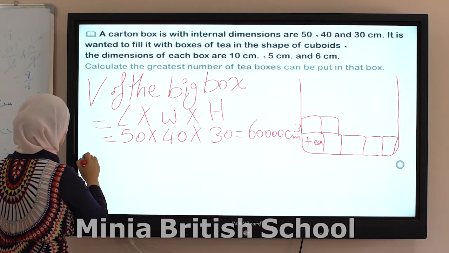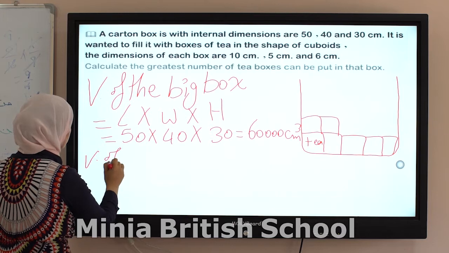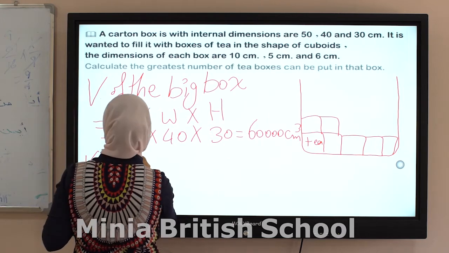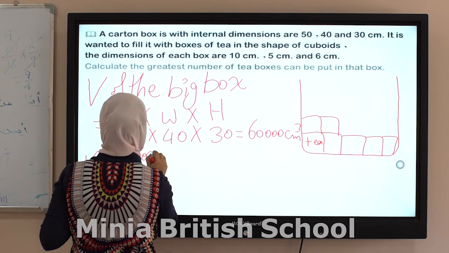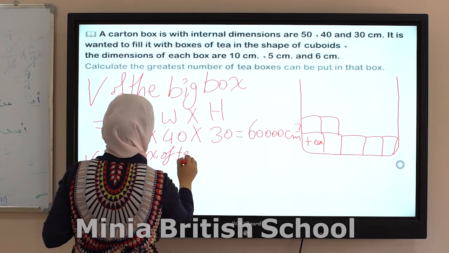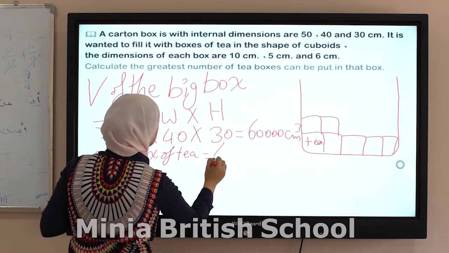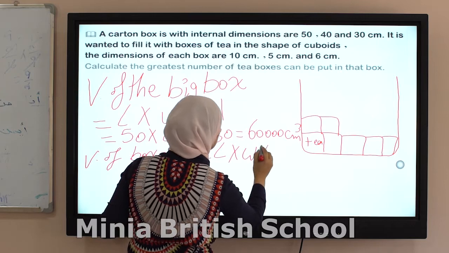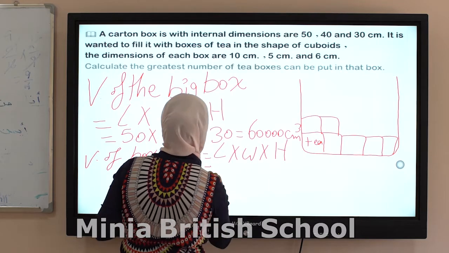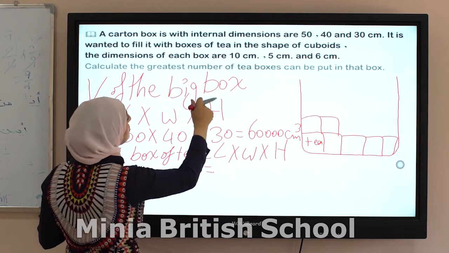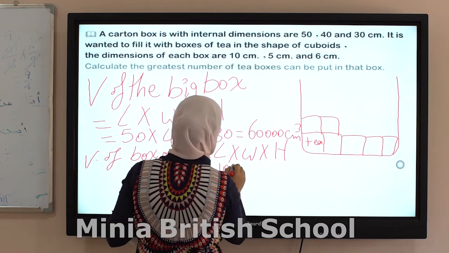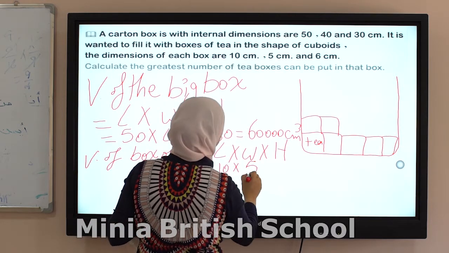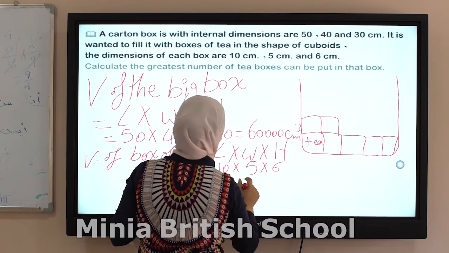Then the volume of box of tea equal length times width times height equals, substitute 10 times 5 times 6.